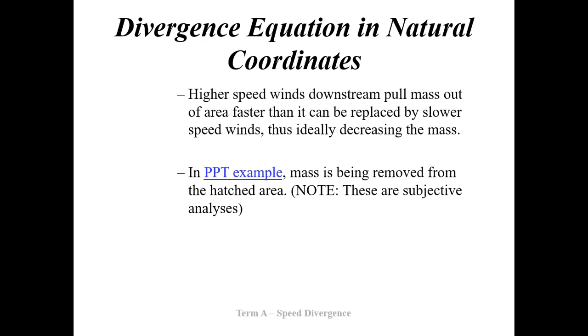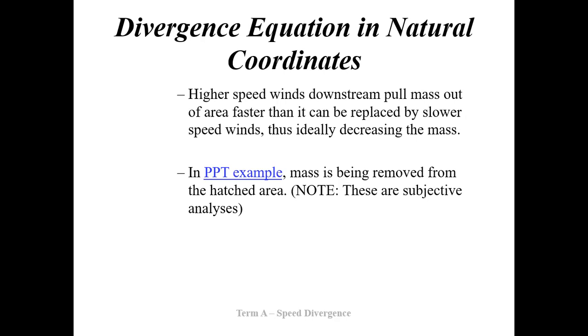Imagine up in the upper atmosphere at the jet stream level, at about 30,000 to 40,000 feet above the ground, the wind is going to accelerate or decelerate in various regions of the main jet stream axis. And as a result, you're going to get areas where air currents diverge.